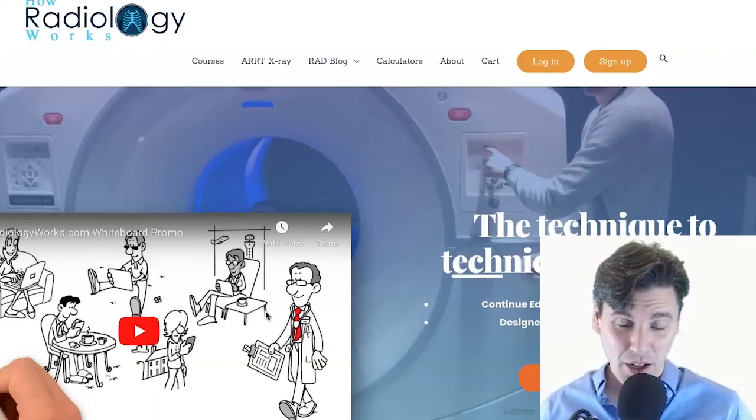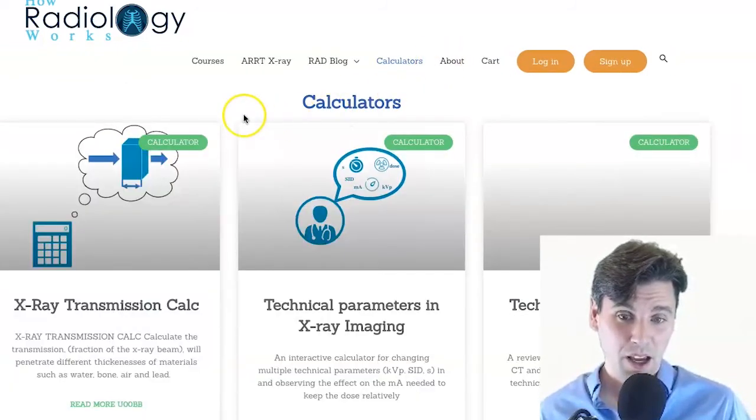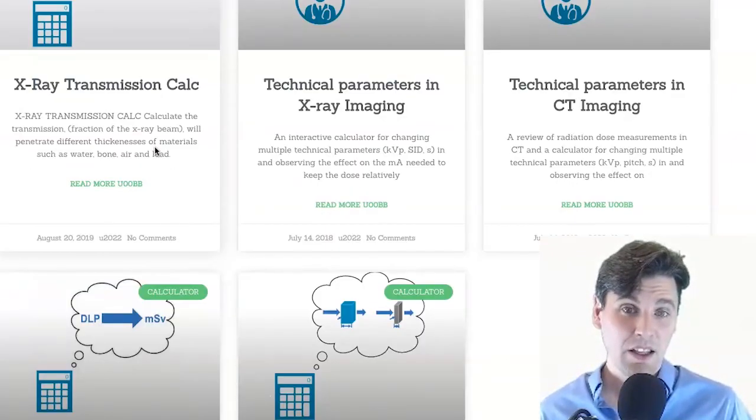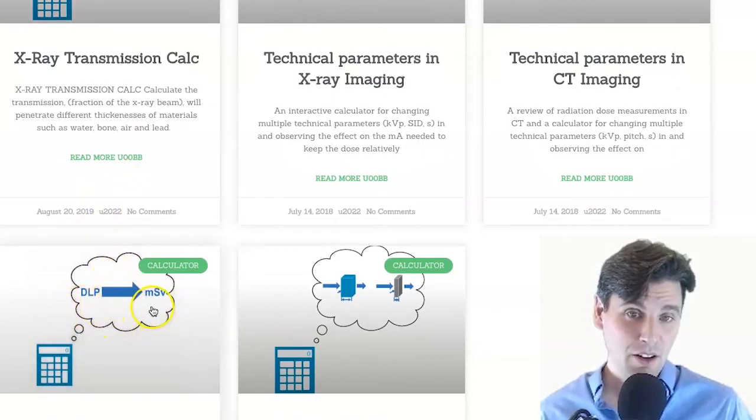Okay, so now we're going to go over to the website and just give you a couple examples of how it works. So again, howradiologyworks.com. And then if we click on the calculators button here, that brings us to some of the different calculators we have on the site. And you can see the DLP to millisievert calculator here. So that's the one that we want to click on.